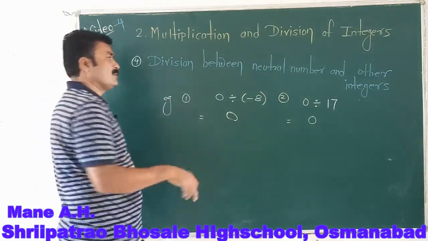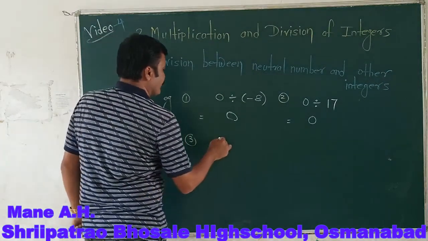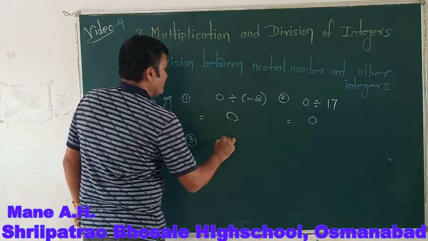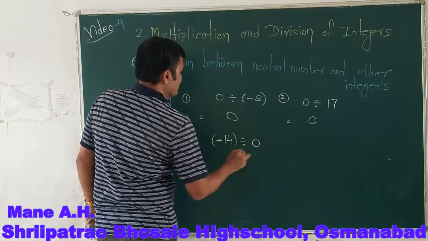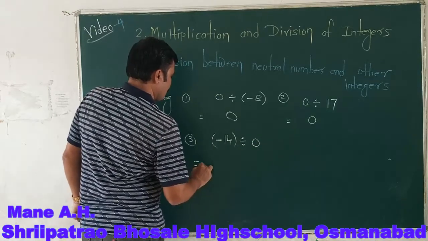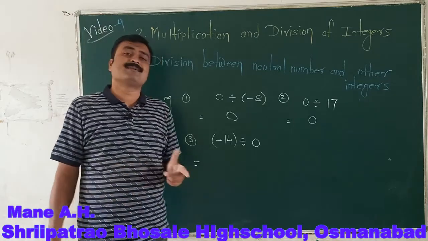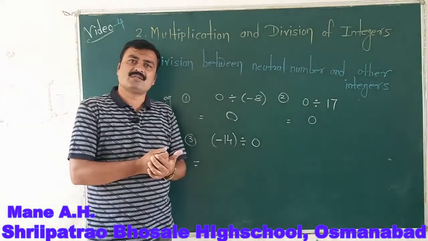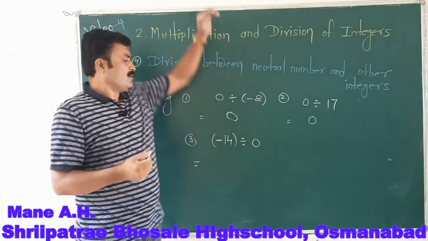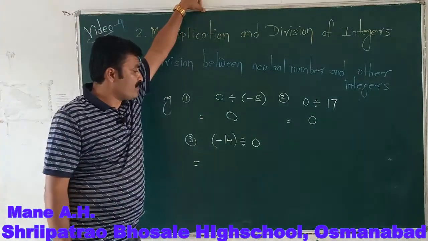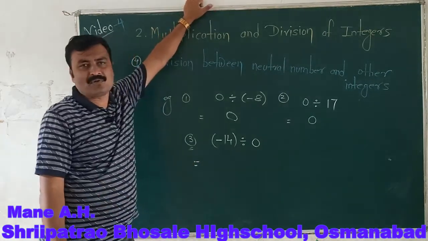Let's think of another example. Minus 14 divided by 0. Now, while observing this example, this question I am putting in front of you: what is the quotient of this third example, minus 14 divided by 0?